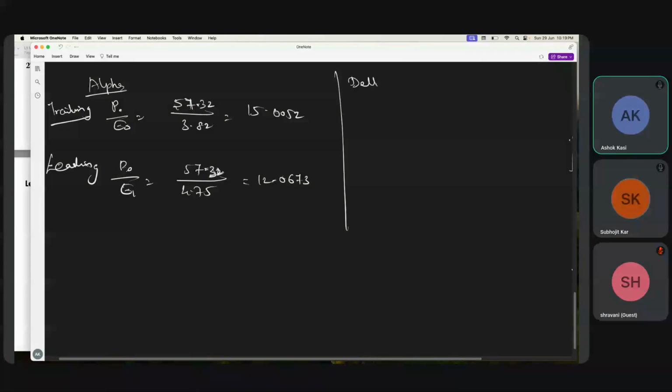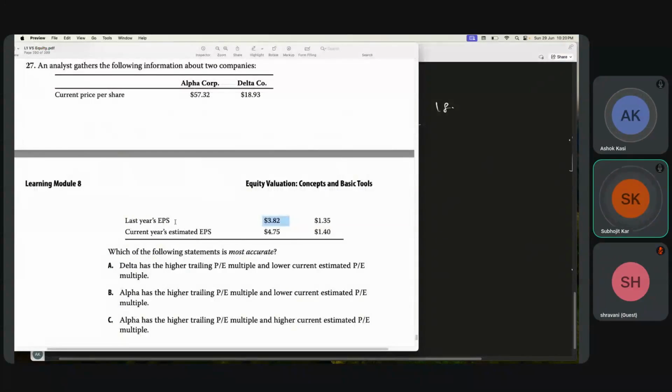Then Delta. Now trailing is like the current year, right? But they've said current year's estimated EPS, so it's the future. Current year's estimated means future, right?